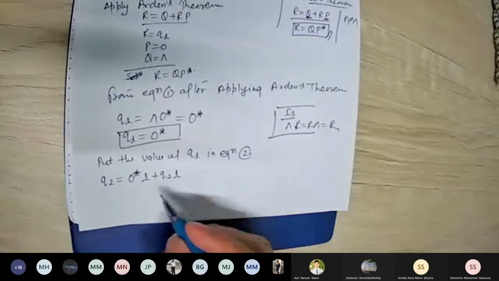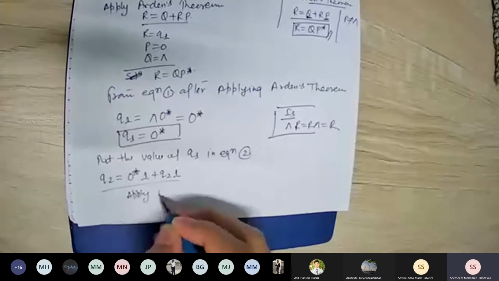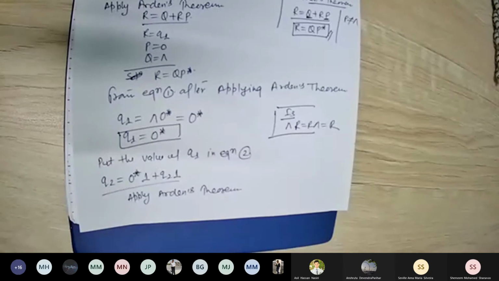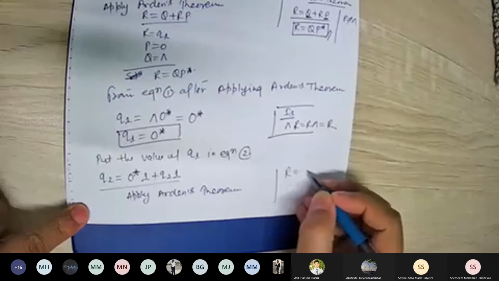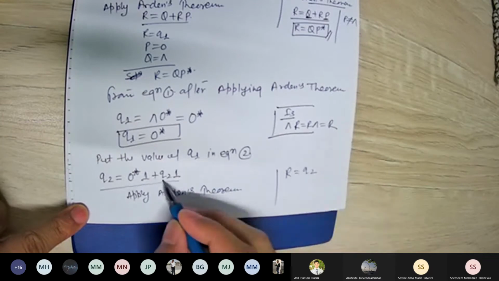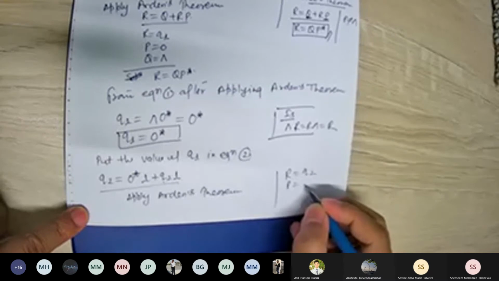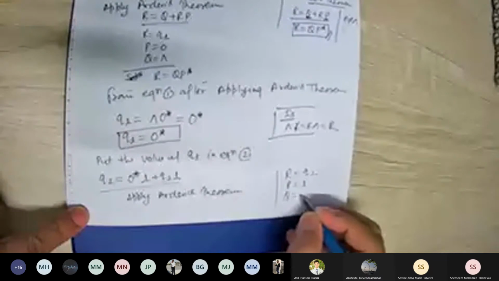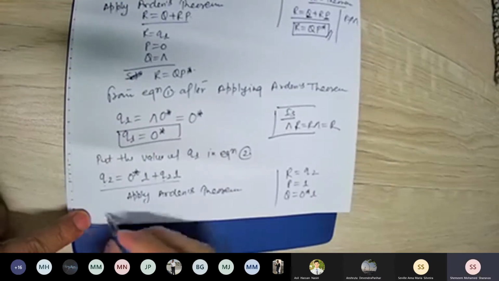So can you apply Arden's theorem here now? What is the value of R? Q2, sir. So apply Arden's theorem. R is Q2, P is 1 and Q is 0 star 1. Then what will be the solution?